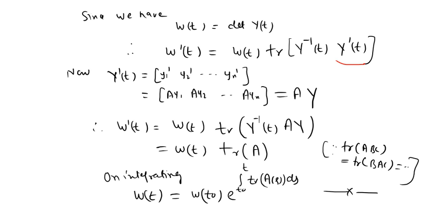I understand that the proof is tricky, but without this trick the proof is quite lengthy. This completes the proof of Abel's formula.